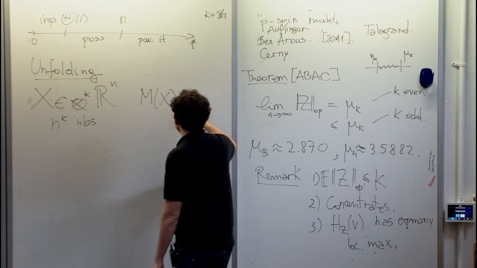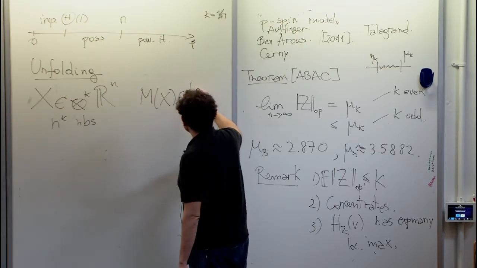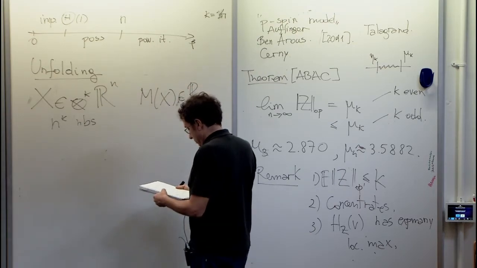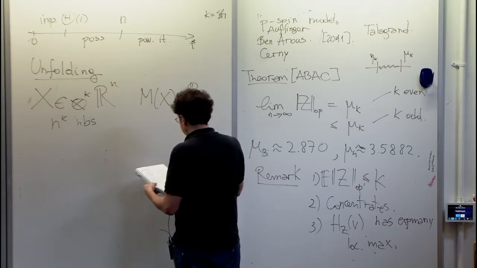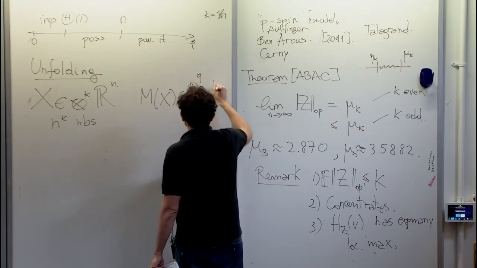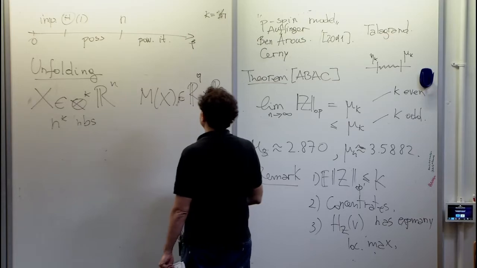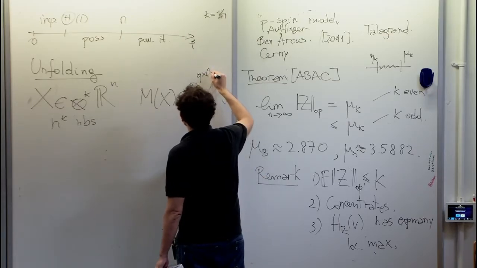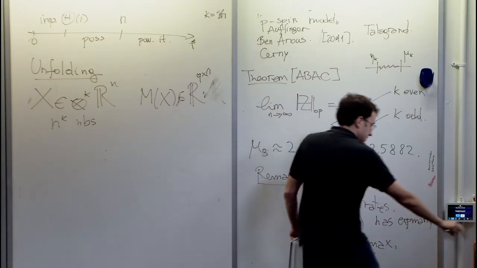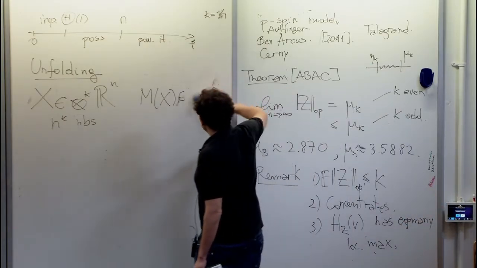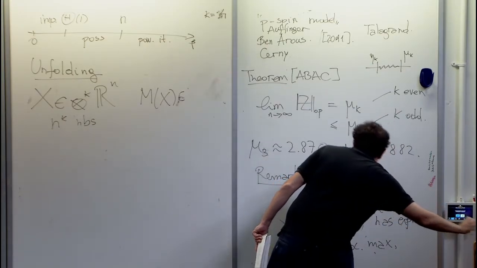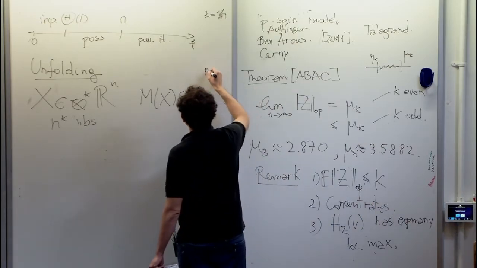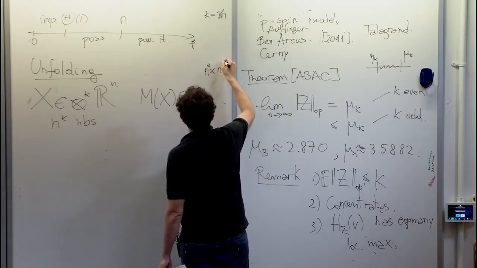Just by counting, this matrix must be of dimension n to the q times n to the k minus q.